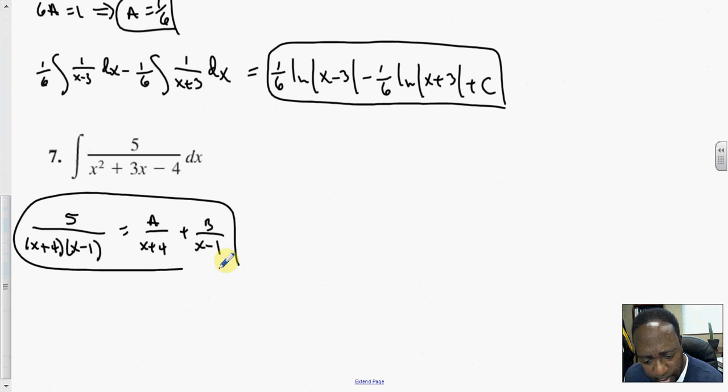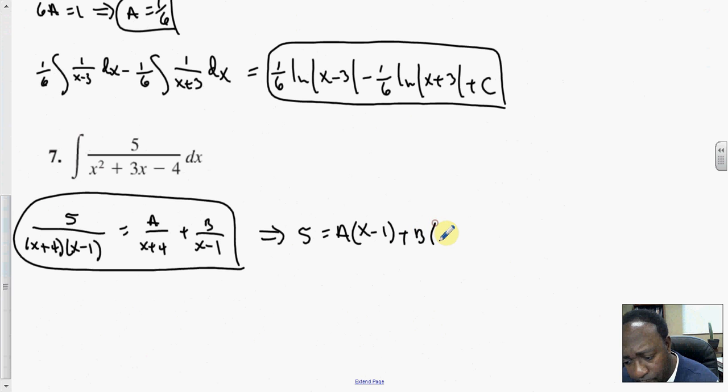Multiplying both sides by the LCD, this produces for us 5 is equal to A times x minus 1 plus B times x plus 4. Let x equal 1, solve for B. After that, let x equal negative 4, solve for A.